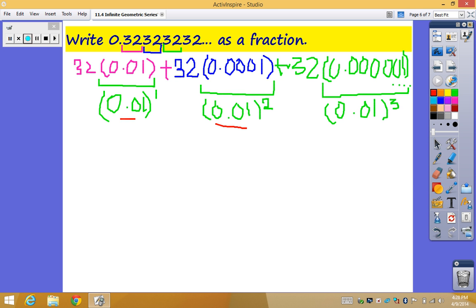Now we can use the rule for the sum, and we know that S equals A1 over 1 minus R. So our A1 value is 0.32, which is this one here.